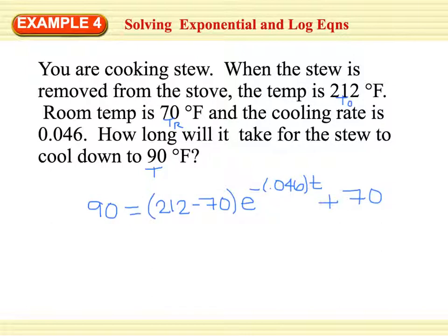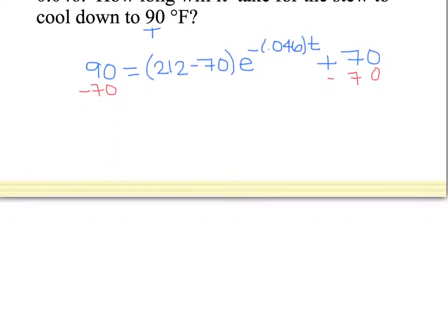So now our ultimate goal is to find this t here, or the time that it takes for this stew to cool down. So in order to start solving for that, we're going to want to eliminate this 70. So I will subtract 70 from both sides. And by doing so, we end up with 20 is equal to 212 minus 70 will give us 142, e to the negative 0.046t.